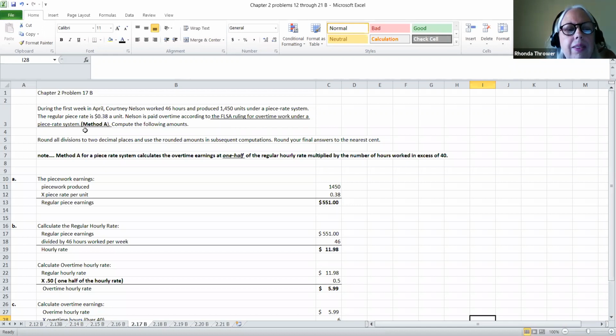What this means is that they are using method A. They didn't tell you this in the problem, but that's what they're using to solve this particular problem.